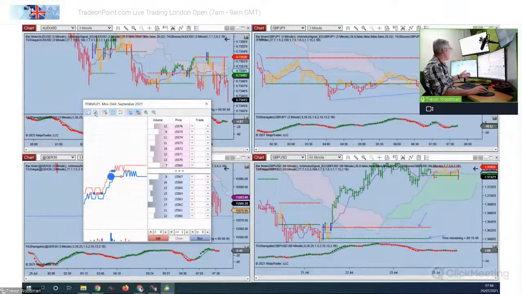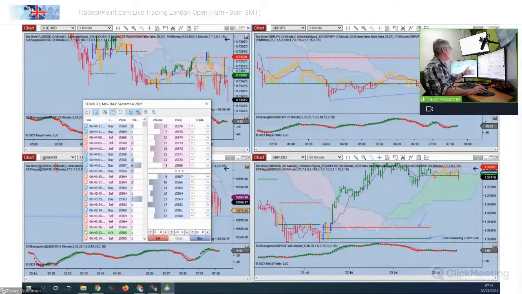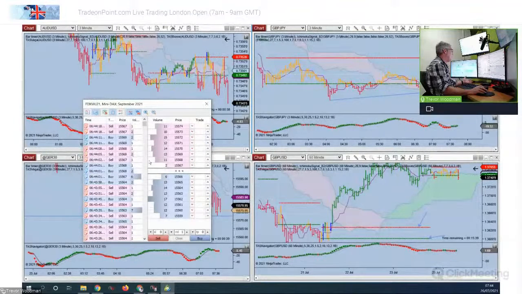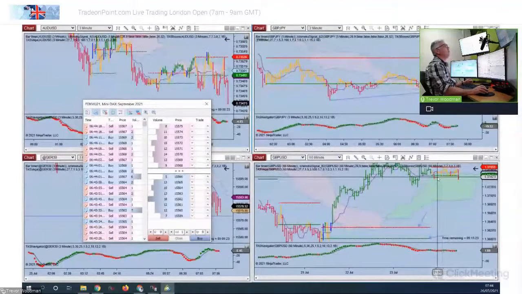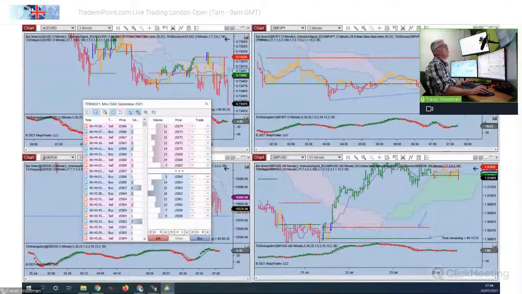So if we then look at time and sales, which is this area over here, we can see we've got the orders on offer and the orders on the bid. And that's referred to as market depth. So you can see over here, when it hits pink, we're now hitting the offer. So if we hit the offer, price goes up. If we hit the bid, then price tends to go down. And that's what these TAS boxes mean, that generally, potentially we've got a trade here.